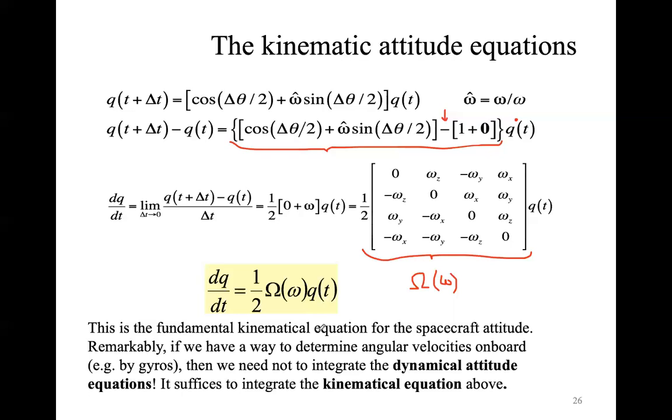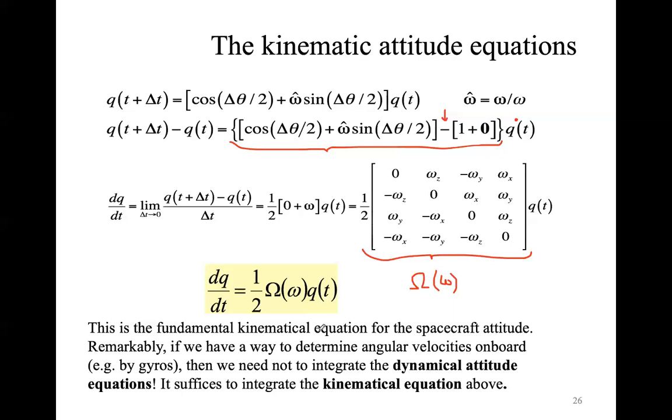However, this is important when you want to integrate the state. So in this case, the attitude state. So what we are going to see today is that not always you need to do this kind of approach.